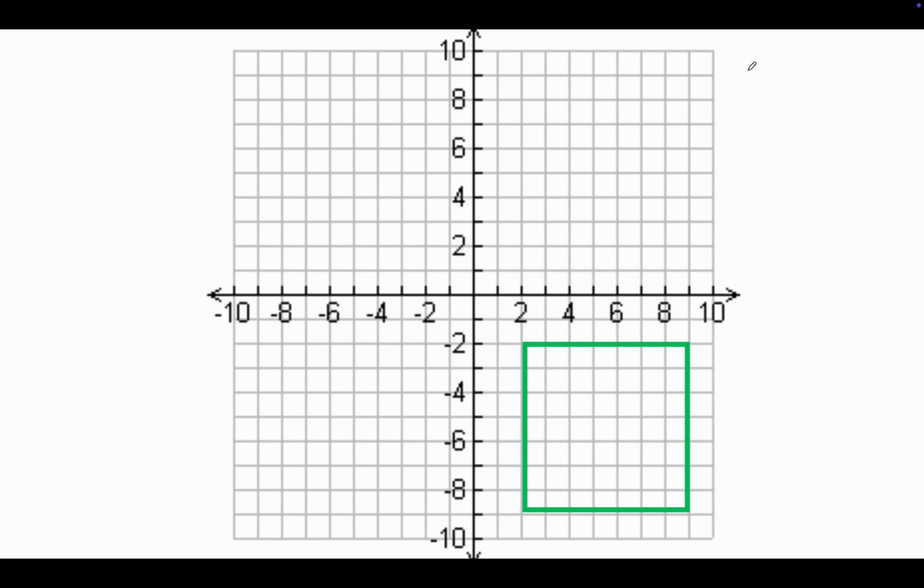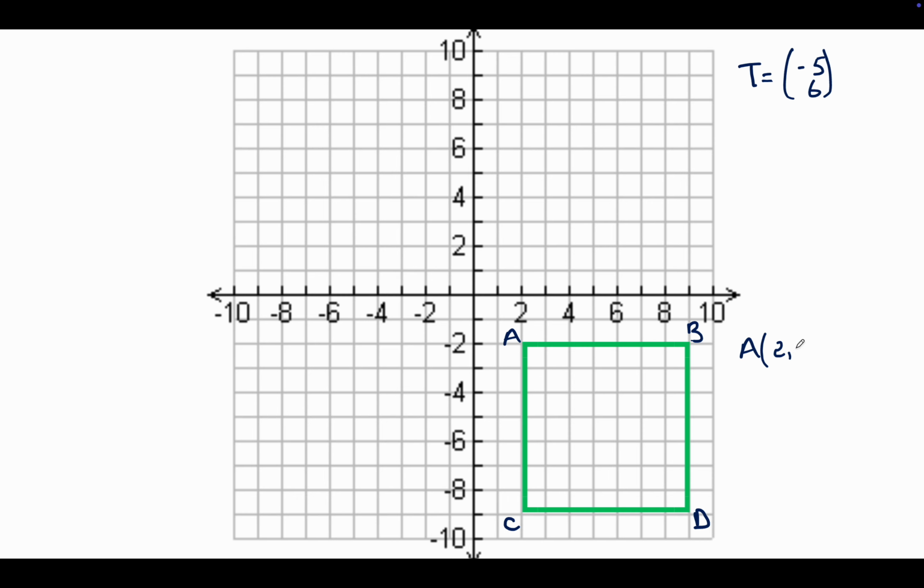Now for this one, I want my translation vector to be -5 and 6. Alright, and let's label my points. So I'm going to call this A, I'm going to call this B, C, and D. Now A, in this case, would be, remember, x-axis first, so 2 and -2.